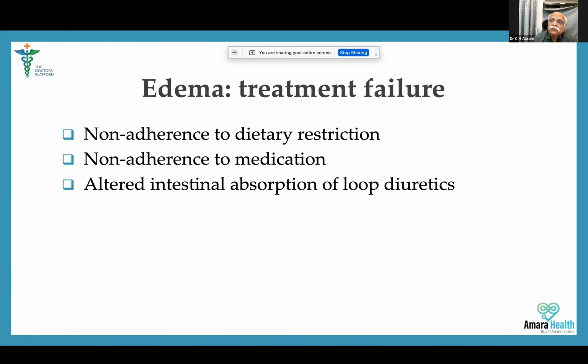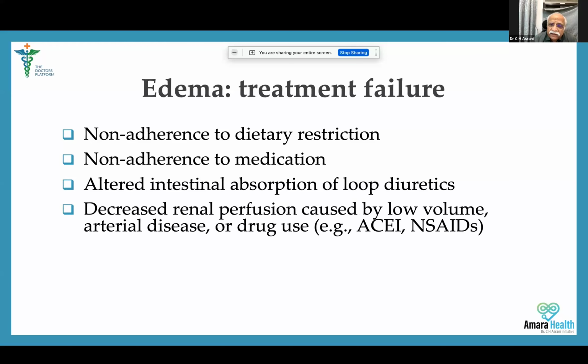Altered intestinal absorption of loop diuretic. The patient has irritable bowel syndrome, getting motions very frequently. Decreased renal perfusion caused by low volume, arterial disease or drug use, ACE inhibitor or NSAIDs. NSAIDs will cause edema.